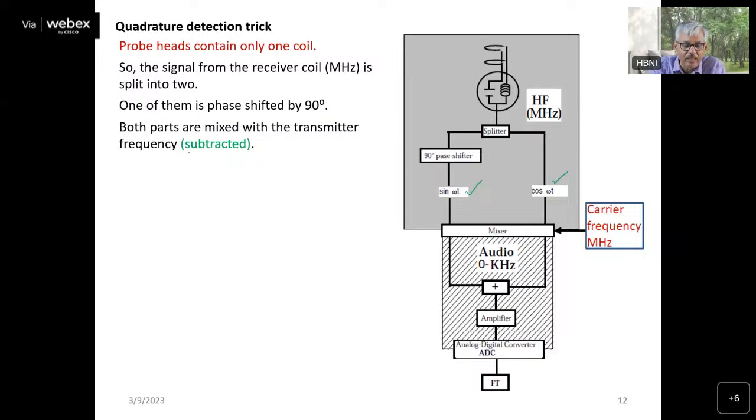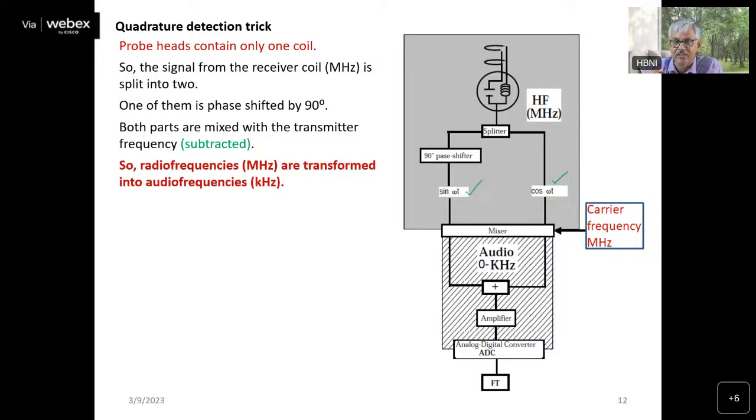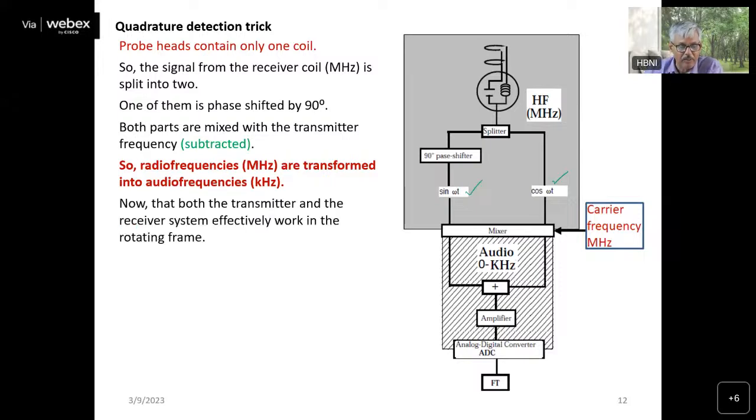Mixing means you are actually doing a subtraction. If you subtract this, only the offsets will be left. So you are now reduced from megahertz to kilohertz, so that your electronics can manage this properly.